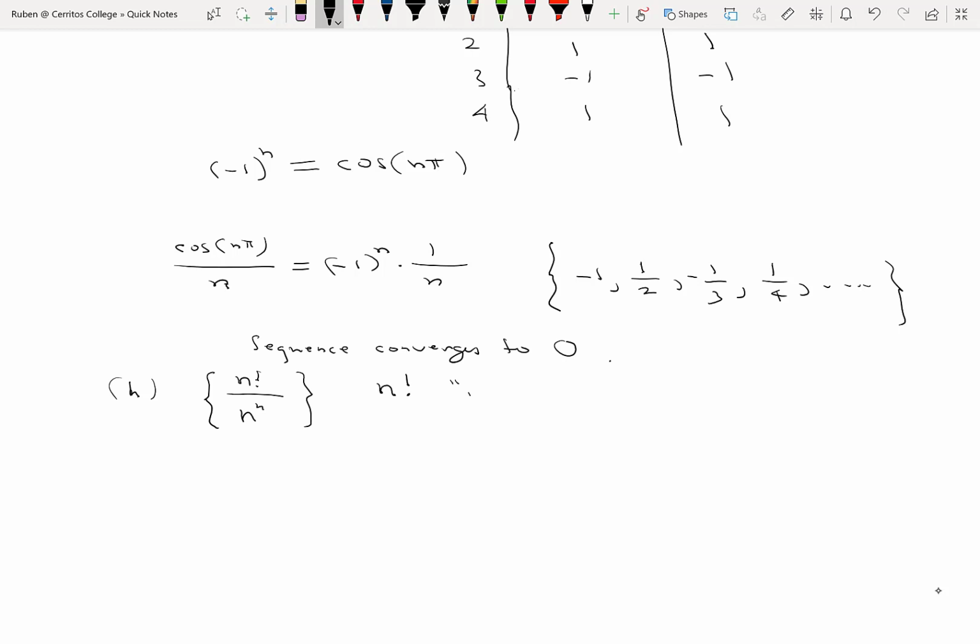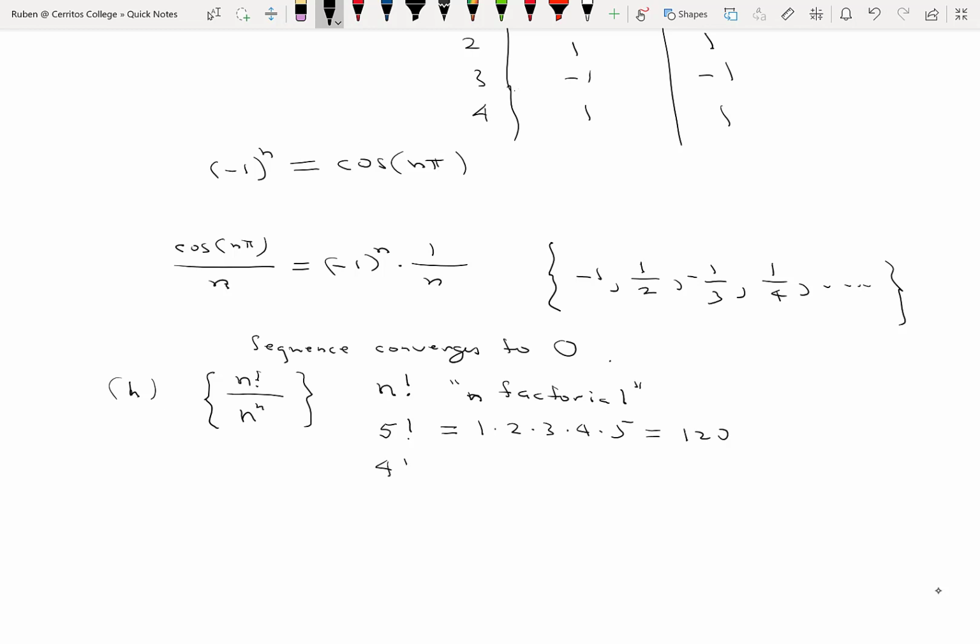N factorial doesn't represent a loud n. N factorial means, specifically, for example, if I'm looking at n equals 5, 5 factorial is 1 times 2 times 3 times 4 times 5, or 120.